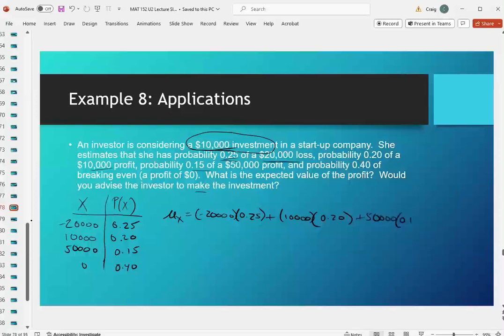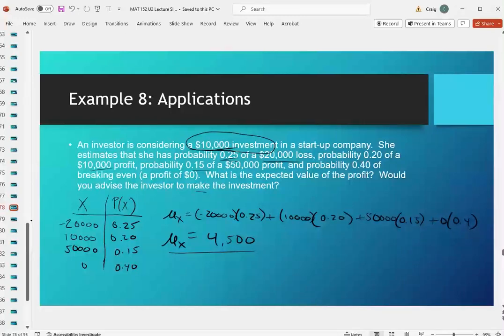Plus 50,000 times 0.15 plus 0 times 0.4. Okay, and if we multiply all of those and add them all up, the expected value of the investment is $4,500, or the expected value of the profit.